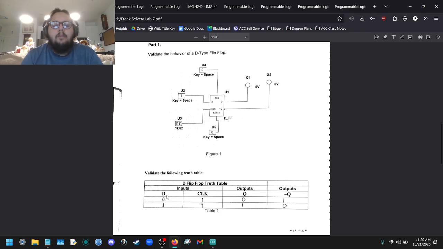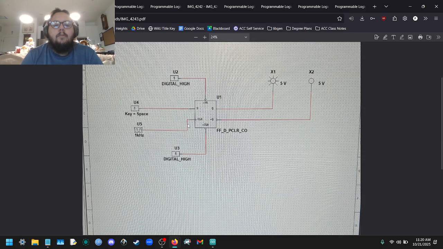These are represented by D, Q, and Q hat respectively. Whenever the D input is 1, the Q output would also be 1, and the inverse output will be 0. And this is shown in my own circuit.